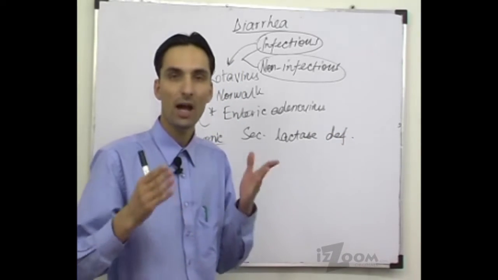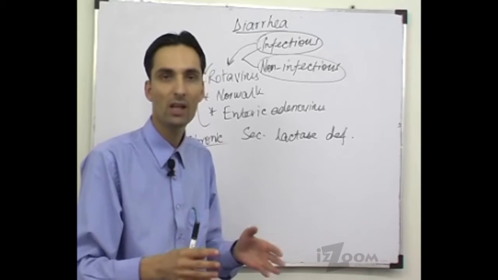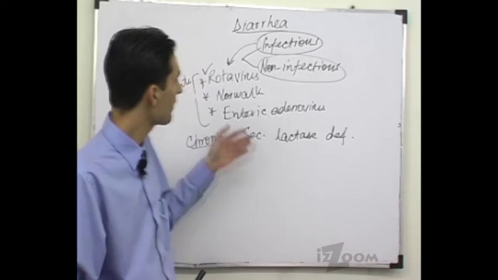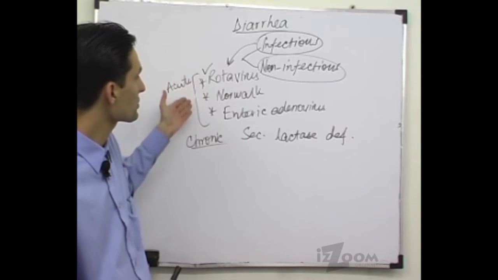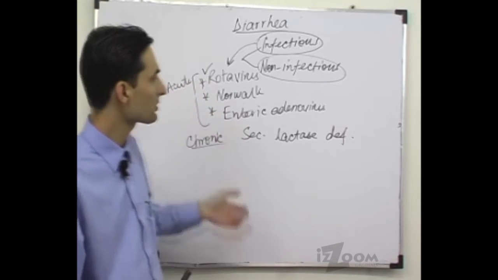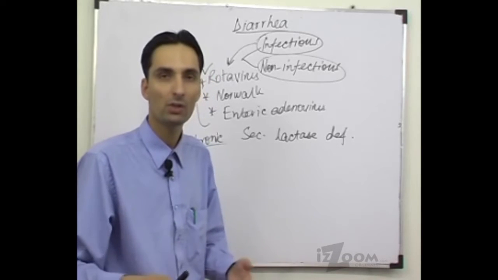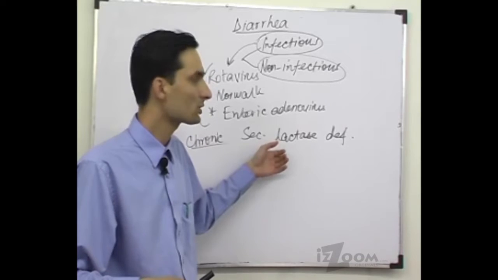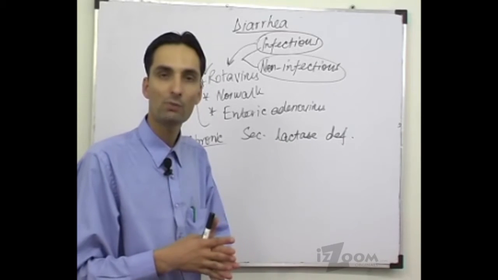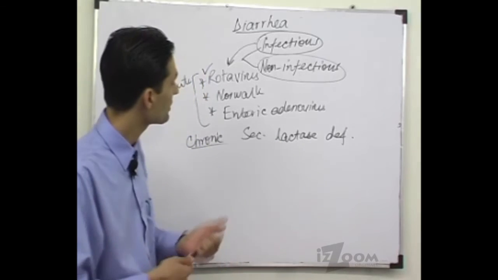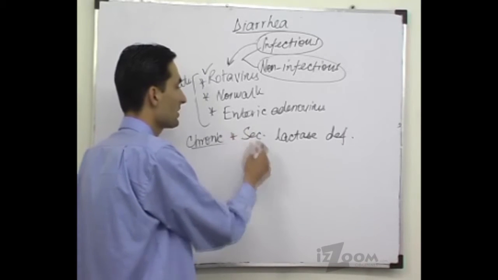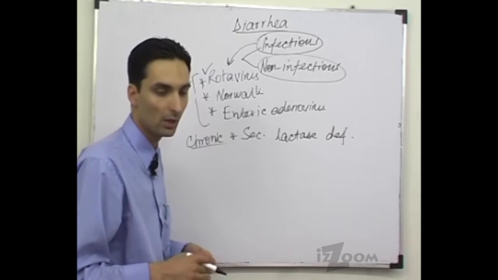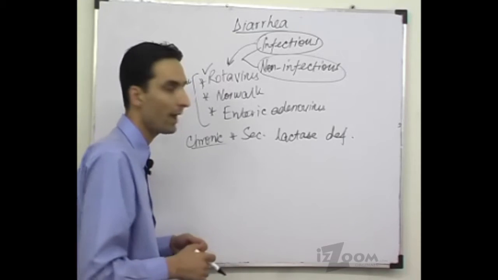Lactase is a disaccharidase enzyme present on the brush border of the intestine, and due to viral infections, for example with rotavirus, Norwalk virus, or adenovirus, or multiple episodes of diarrhea, this enzyme can be lost from the brush border, resulting in secondary lactase deficiency, which causes chronic diarrhea.